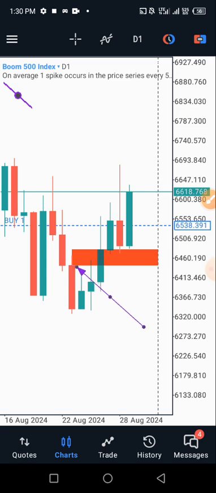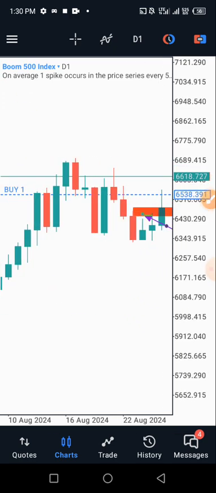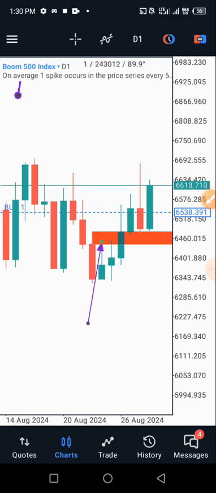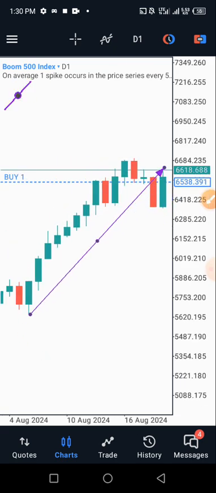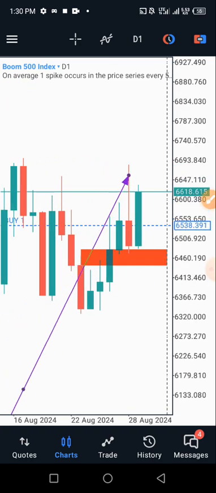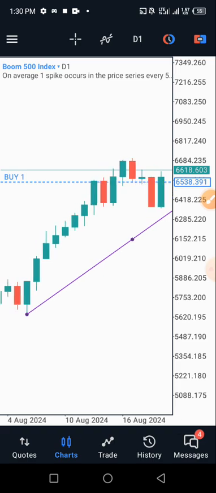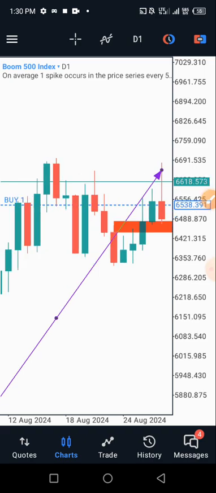If we look back in time, we will notice that the market has been buying. The fact that the market has been buying suggests to us that the market is still in an uptrend, and so we want to position ourselves for more buy opportunities. So that's the first thing we notice, that the market has been in an uptrend.